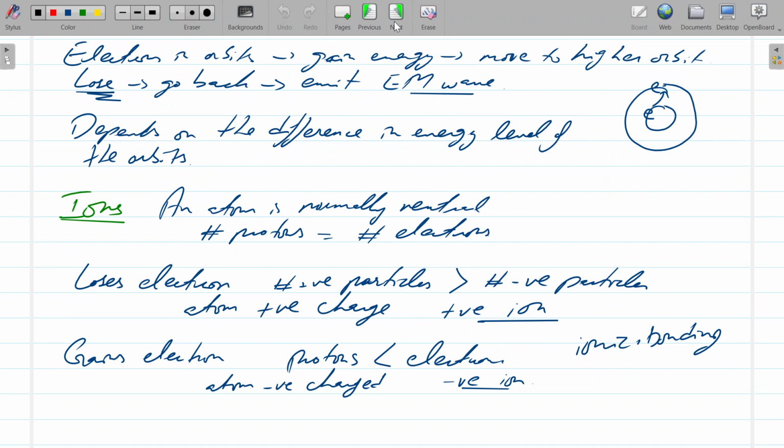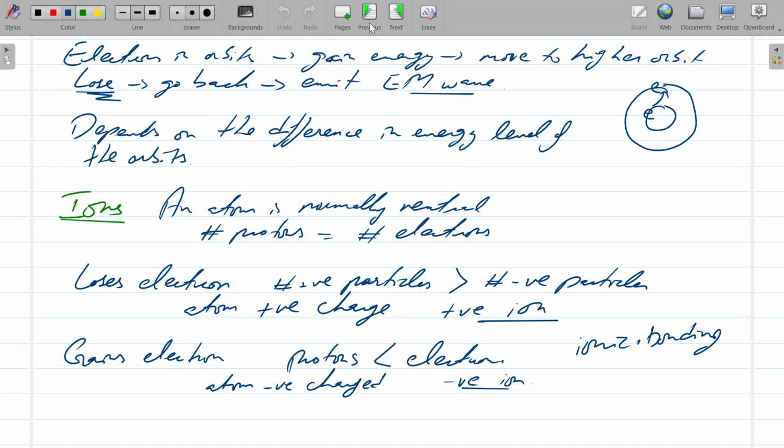Then we talked about electrons moving between their orbits and emitting electromagnetic radiation when they lose energy, and ions, which are formed by either the loss or gain of electrons. Today, we will talk about what's inside an atom, particularly inside the nucleus.